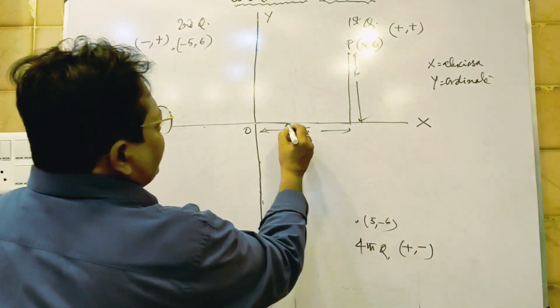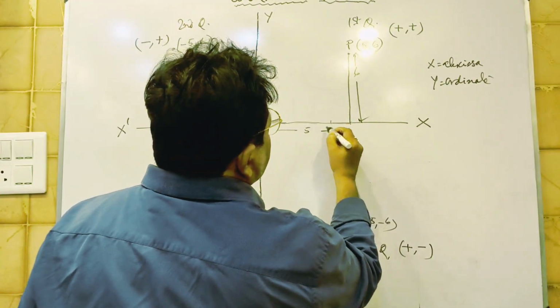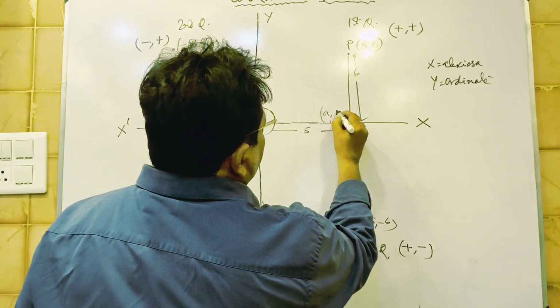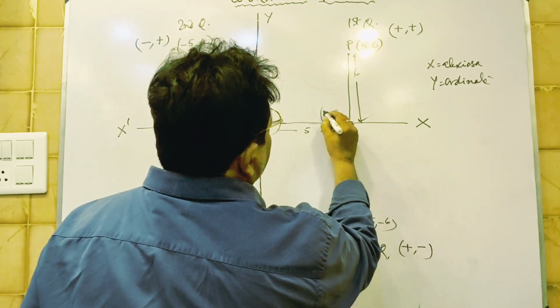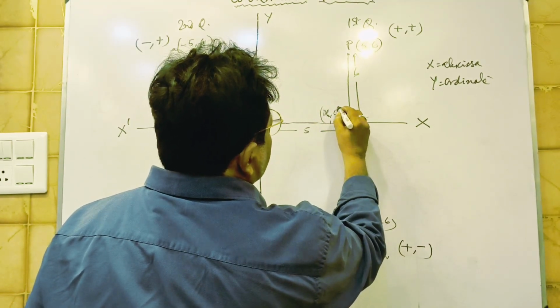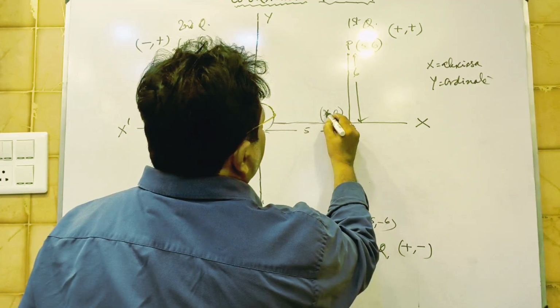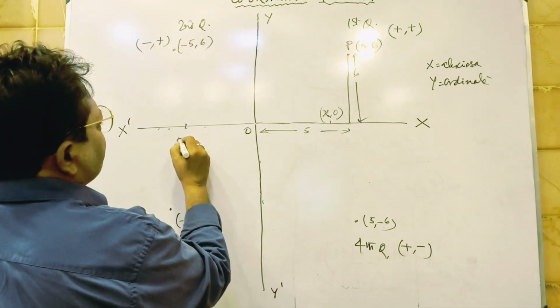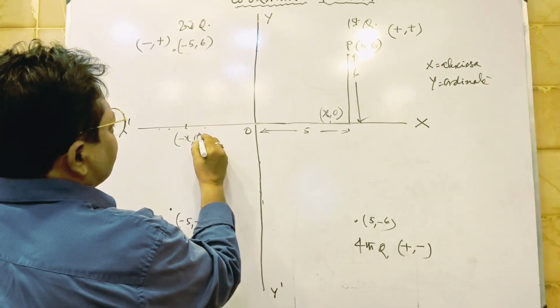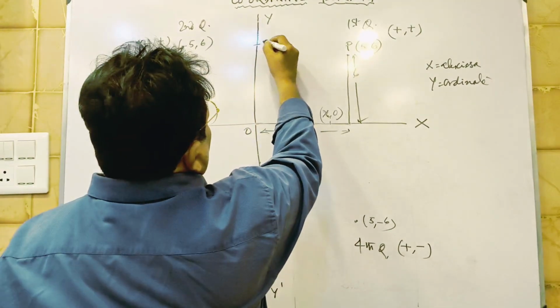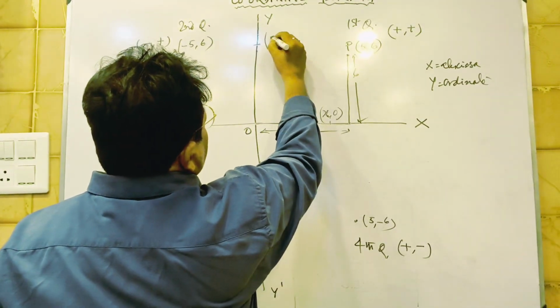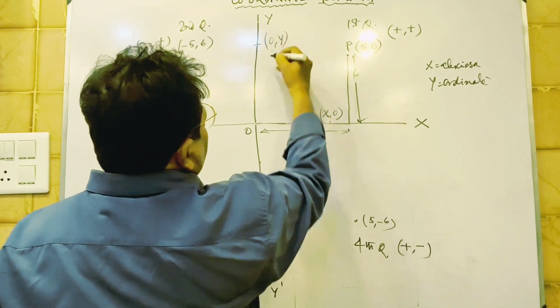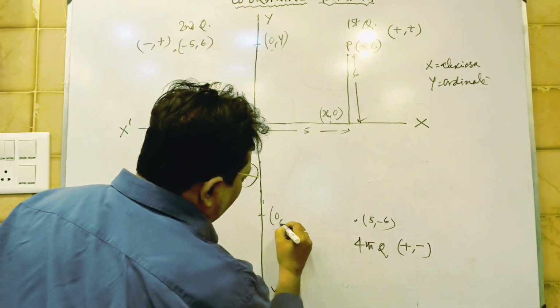Any point on the x-axis must be represented by x, 0, and consequently on the other side it will be minus x, 0. Any point on the y-axis may be represented by 0, y, or it may be 0, minus y.